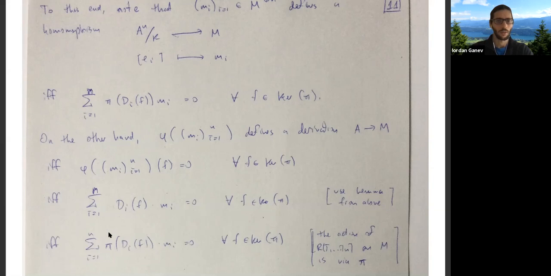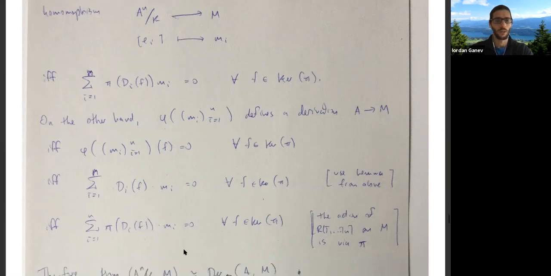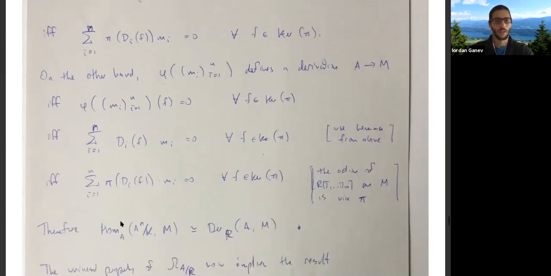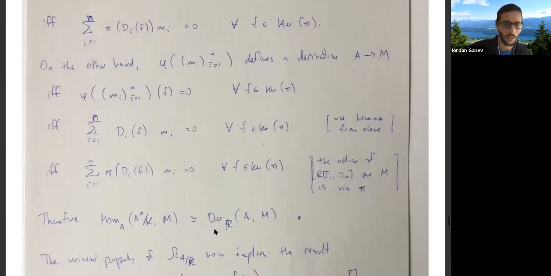And so we see that we have the same condition, both for this tuple to be defining a homomorphism from the quotient to M, and so a module map from the quotient to M, and the derivation from A to M. So that means that we have this isomorphism, and so this basically implies the result.